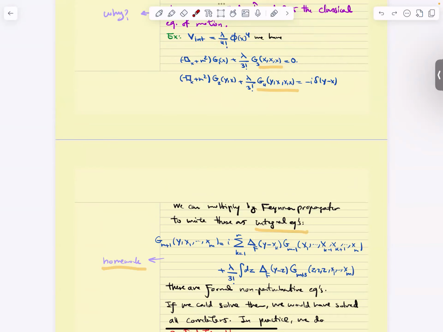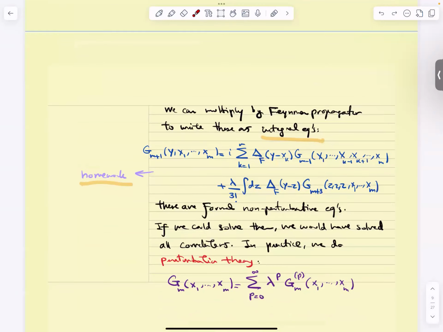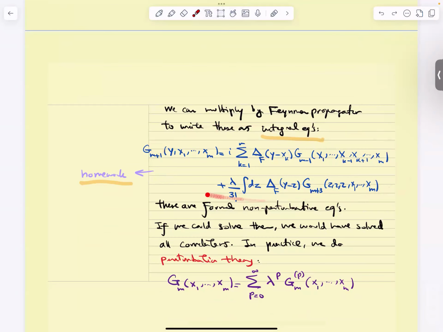You get an infinite set of integrals. You could turn them into a set of integral equations of this form. These are formal non-perturbative equations. We cannot solve them.